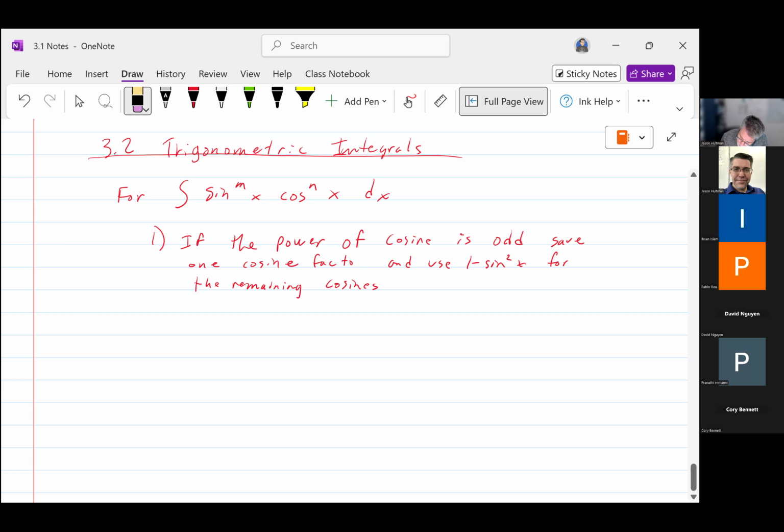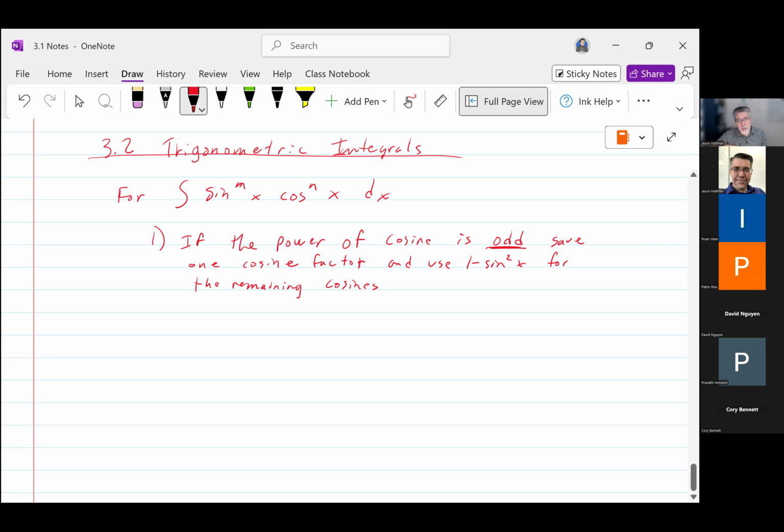So we factor out a cosine and then change all remaining cosines to sines using 1 minus sine squared x. Okay, that's if the cosine is odd.